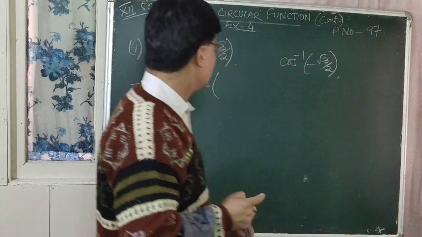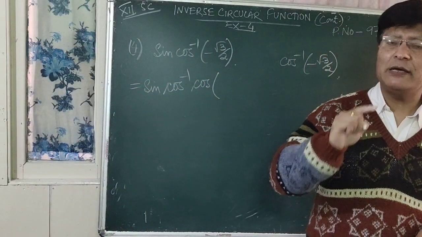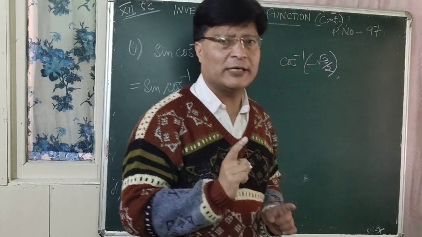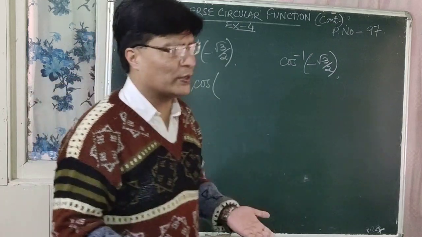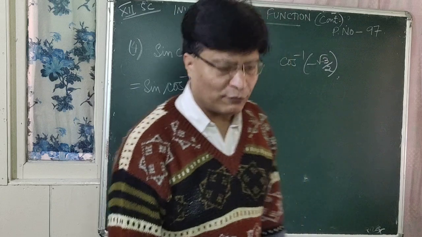But if you write 180 degree minus, 180 is an even multiple of 90. So in this case, trigonometrical ratios do not change and the value will also not change. You can easily get the value of the inverse circular function.